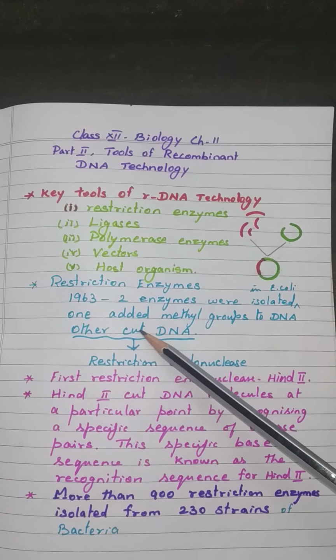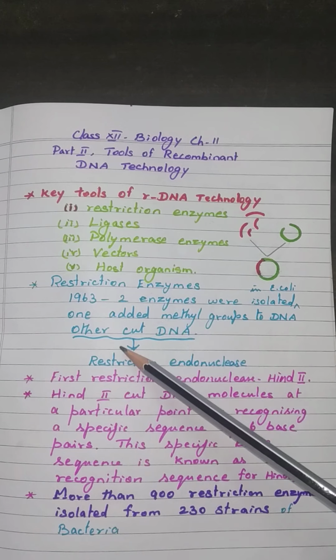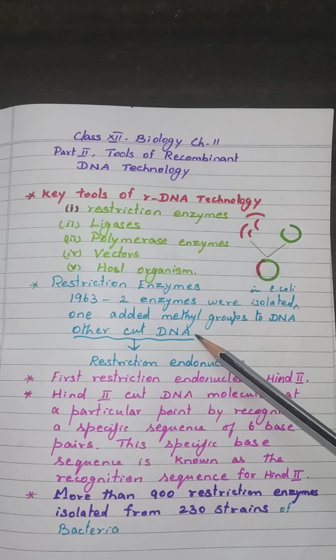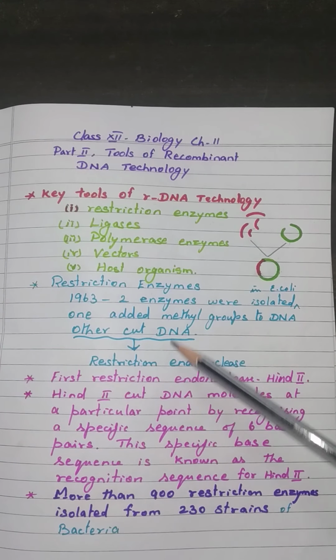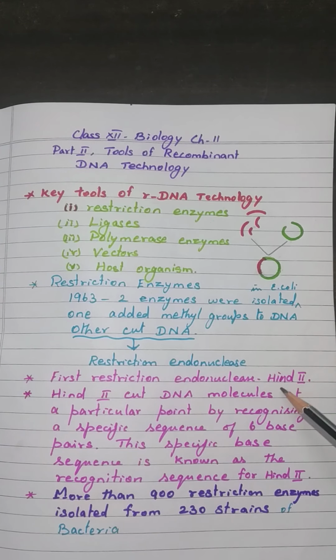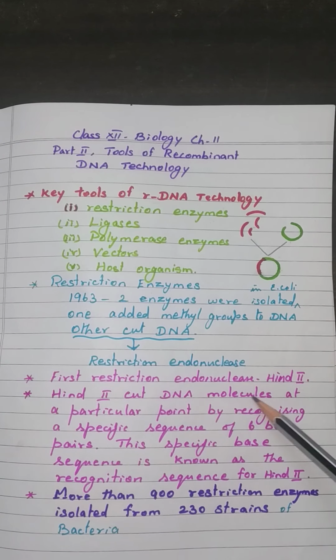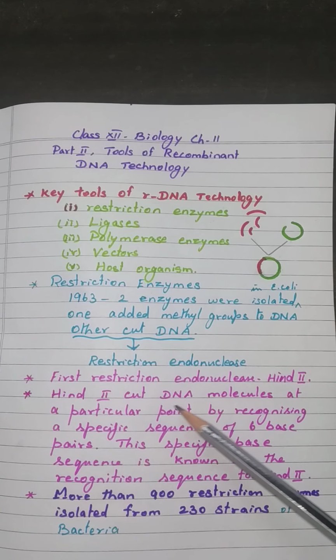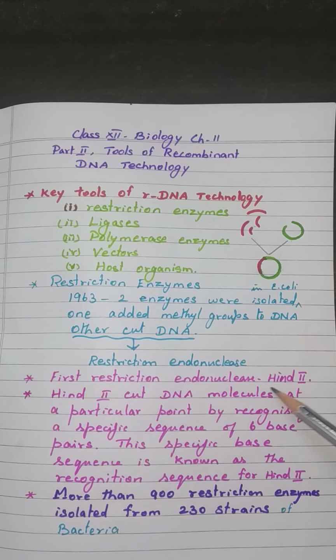One enzyme added methyl groups to DNA, and another one cut the DNA. The enzyme that cut the DNA is known as restriction endonuclease. The first restriction endonuclease isolated was HindII. HindII cuts DNA molecules at a particular point in the DNA.